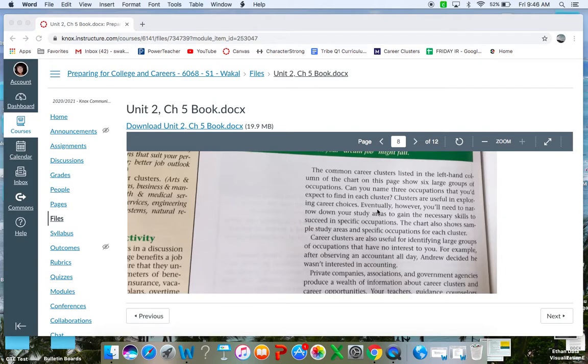Eventually, however, you'll need to narrow down your study areas to gain the necessary skills to succeed in specific occupations. And someone asked me, like being a teacher, what did I have to study in school? Well, I studied science, I studied math, I studied history, I had a writing class, several writing classes, I had reading classes, I even had to take art classes, and I had to take music classes.